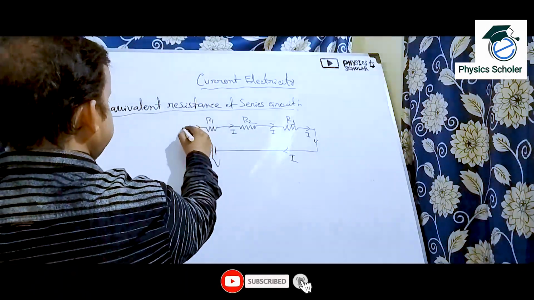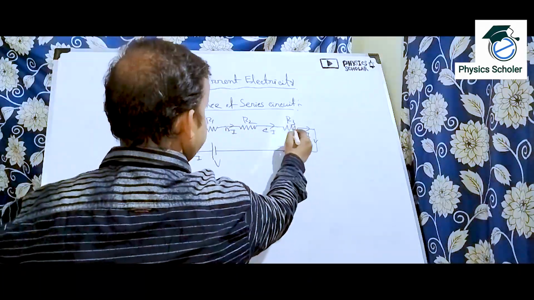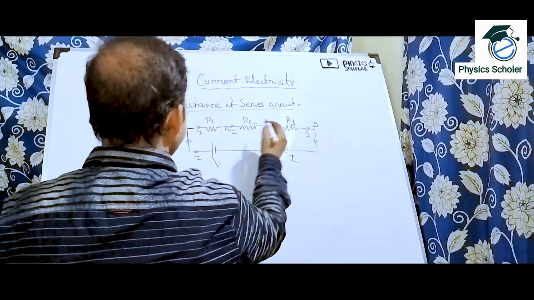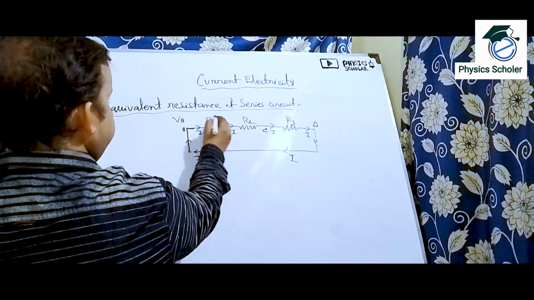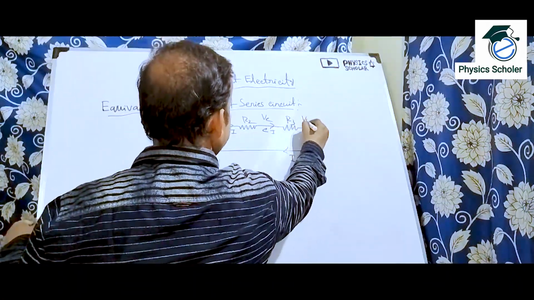Here it is A, B, the second resistor C, and the third resistor D. The voltage here is VA, here VB, here VC, and here VD.